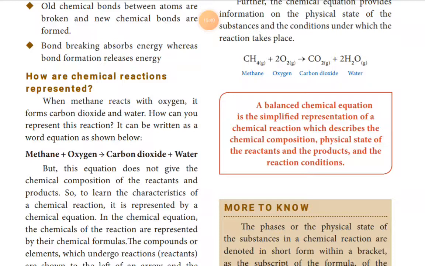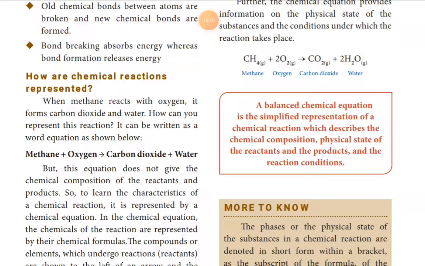So the left hand side of the arrow mark, methane and oxygen, are reactants. The right hand side of the arrow mark are products. But this equation does not give the chemical composition of the reactants and products, because this is a word equation. So, to learn the characteristics of a chemical reaction, it is represented by a chemical equation.